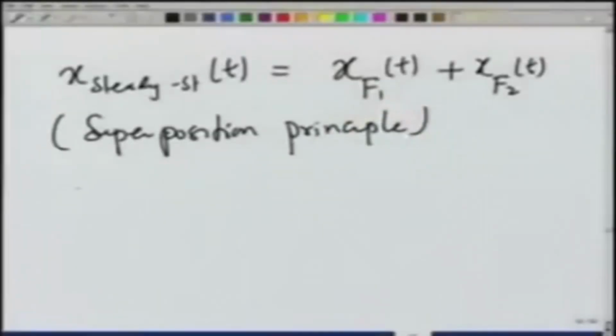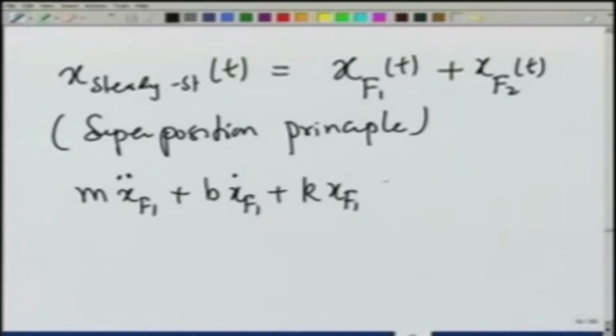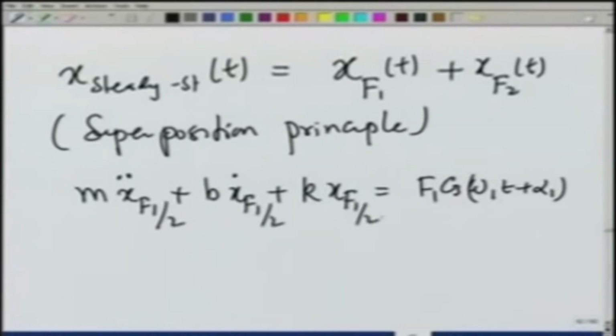You can substitute it back and see, because the equation m x f1 double dot plus b x f1 dot plus k x f1 is equal to F1 cosine omega 1 t plus alpha 1 is satisfied, and for 2, F2 cosine omega 2 t plus beta is satisfied. Therefore, the sum satisfies the equation with the right hand side being added.